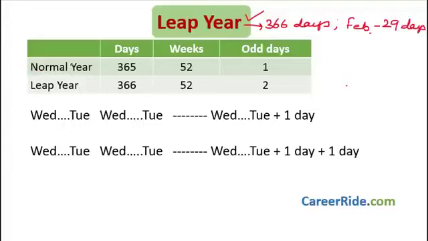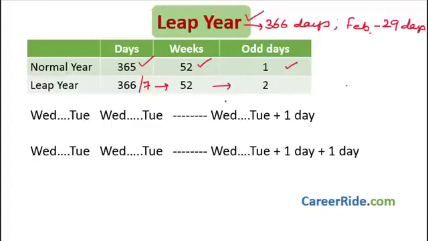In a normal year, there are 365 days, and we saw that we could convert them into 52 complete weeks, and one extra day was left with us, right? What would happen in case of a leap year? If I divide 366 by 7, I will get a complete 52 weeks, but I'll have 2 extra days left, which I'll not be able to put into a week because they are just 2 days only.